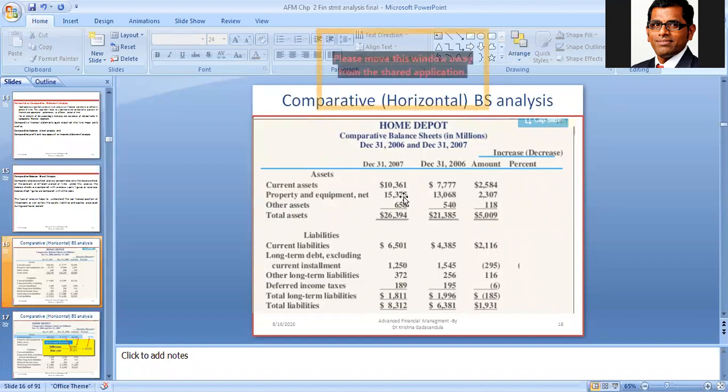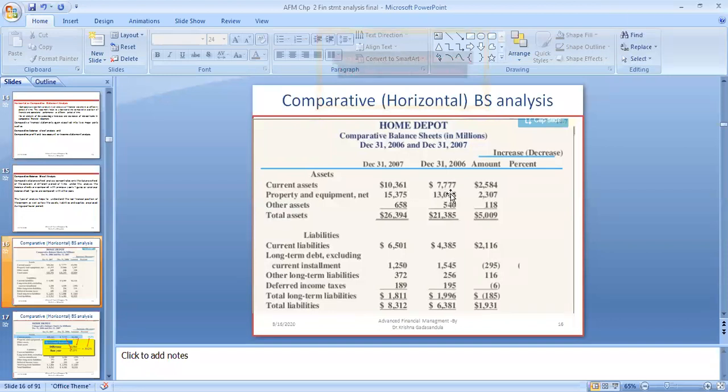Say for example, in assets, if you see current assets, these current assets in 2007 and 2006 increased or decreased. If you see this, 10,361 million and 7,777 million.